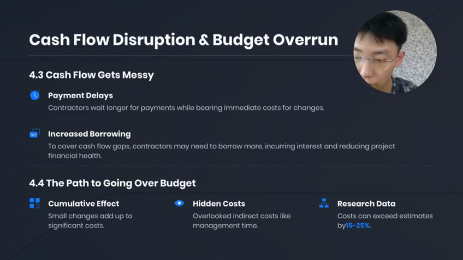To cover these gaps, they may borrow more, leading to interest costs and a weaker project financial health. Also, many small design changes accumulate, and hidden costs like extra management time can push total costs beyond the original estimate, sometimes by 15 to 25%.